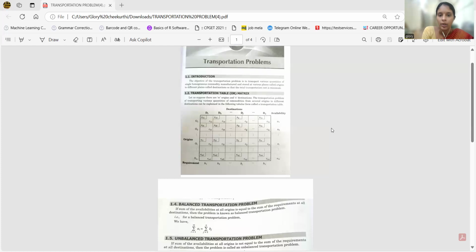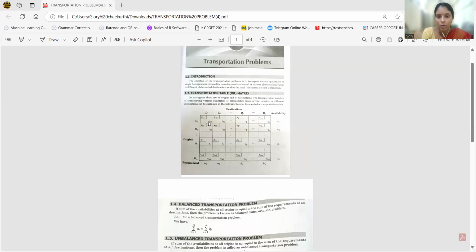In the introduction given below, there are many quantities available at origins, and we have to transport them to destinations. In the transportation matrix, we clearly see origins O1, O2, and so on up to OM, and also destinations D1, D2, and so on up to DN.